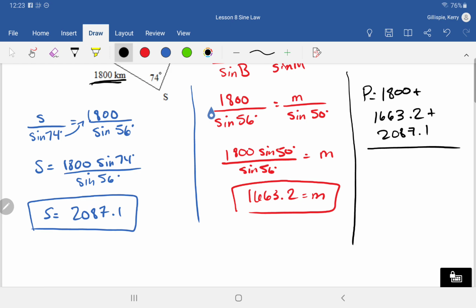Sorry, there wasn't enough room for me to write it side by side, so I kind of wrote it up on top of each other. Maybe the plus sign should have been here, like elementary school. But when we add that all together, the most important thing is that your final answer is 5,550 kilometers. And it asked us for the nearest kilometer, so I just took off the 0.3. That is our perimeter of our Bermuda Triangle.